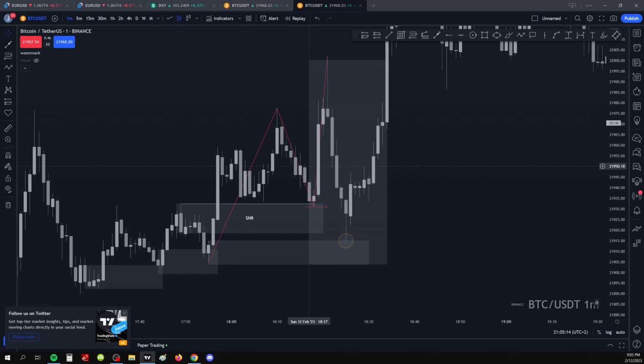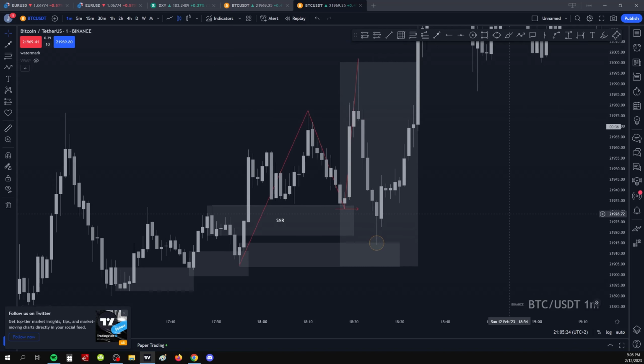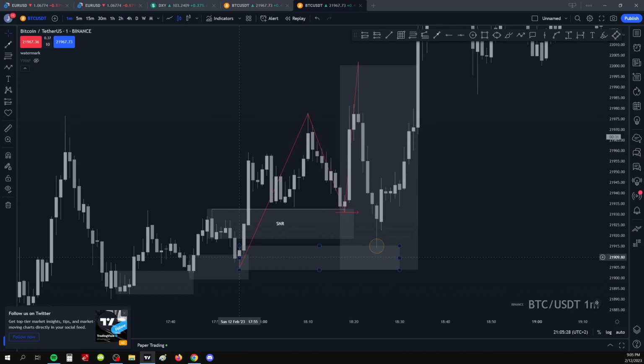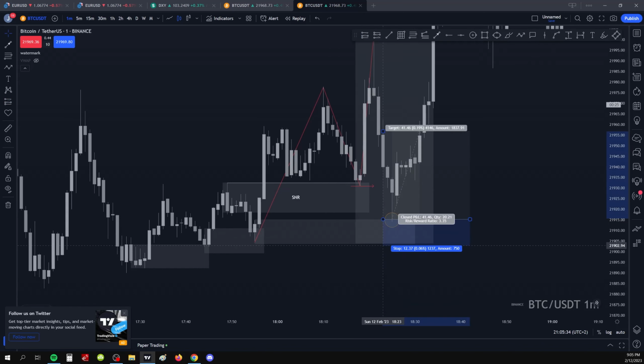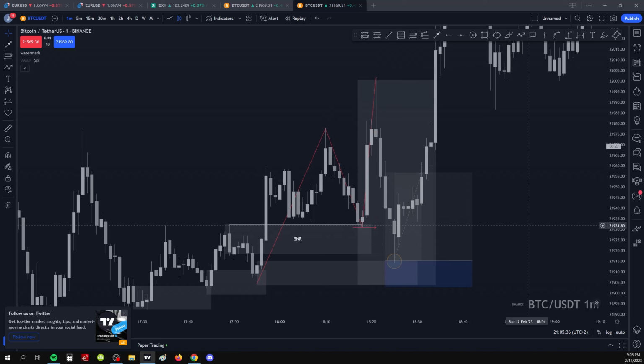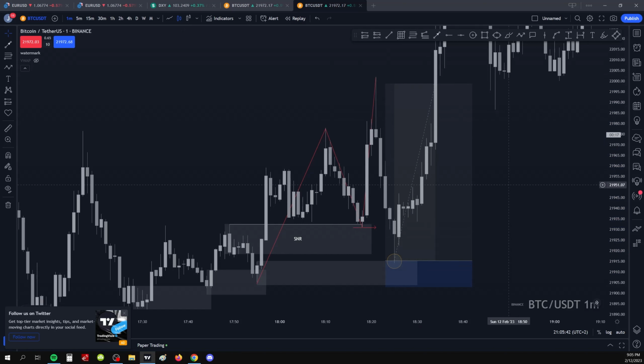We have a three-ways pattern up, and we have an unmitigated order block here. So where can we take the long from? Obviously, from this. Of course, this is hindsight, but I have to use it because otherwise I can't explain. So where can we take the TP?